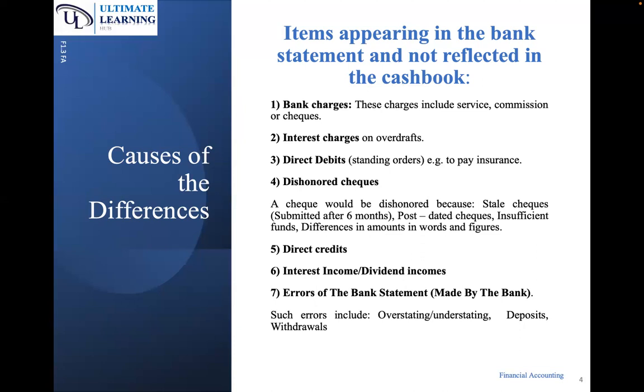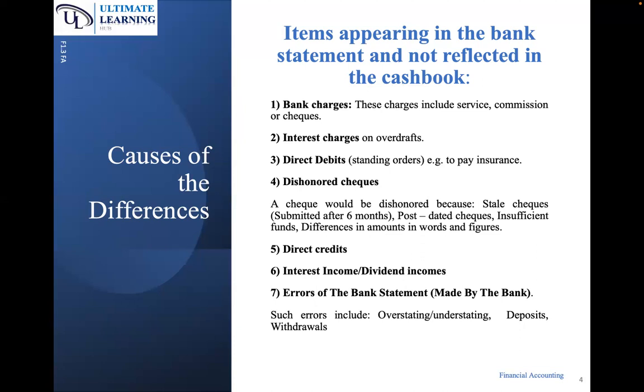In that case, the bank will reject the check. We submitted the check to the bank, and according to us, we were not aware it would be dishonored. And then the bank has rejected the check. So in that case, it's an item appearing in the bank statement and not reflected in the cash book.